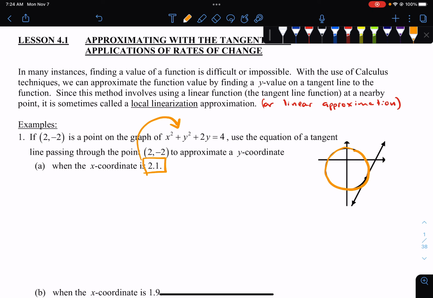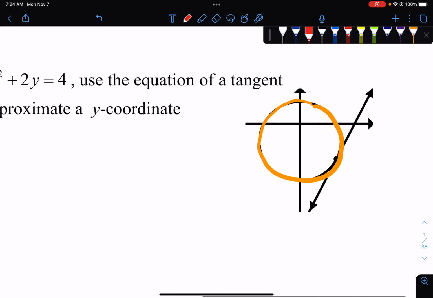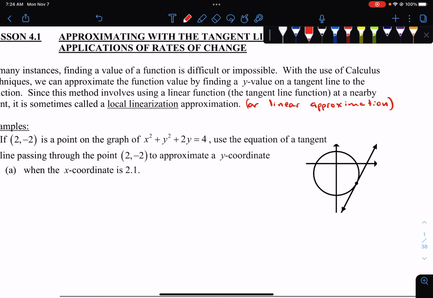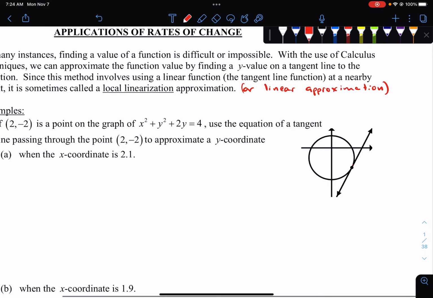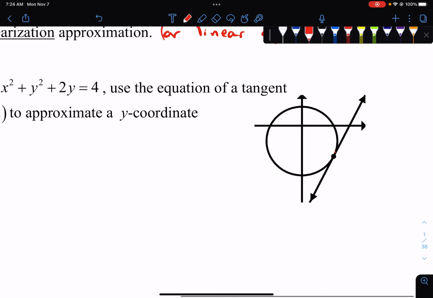All right. And what we do when that happens, one of the options that we can sometimes do is instead of plugging in 2.1, plugging in 2 would be a pretty easy number. I can plug in 2 and get this value, -2, really easily with that equation.